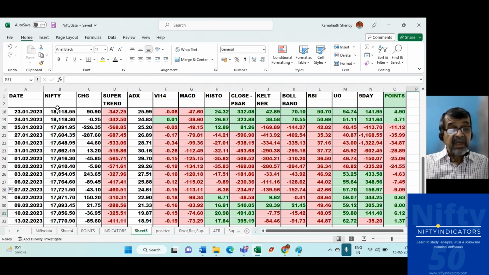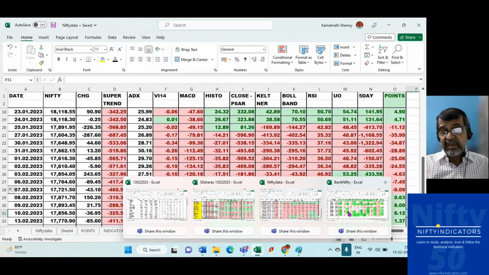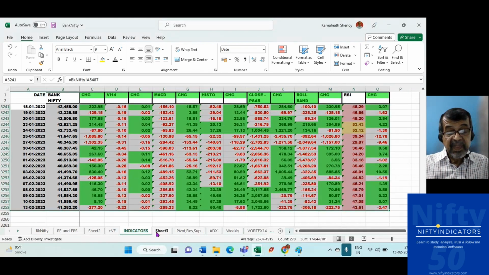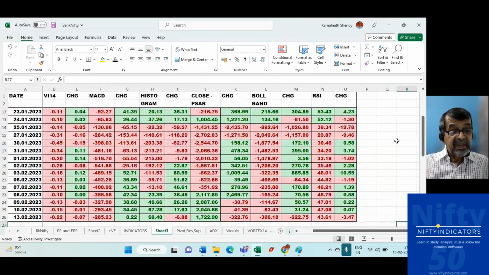You can see up to here it was greenish, then here it was reddish, and slowly it was making green, and today it was nowhere. The same way, let's have a look at Bank Nifty. This is the Bank Nifty indicators combo for the last couple of weeks. See how it looks.